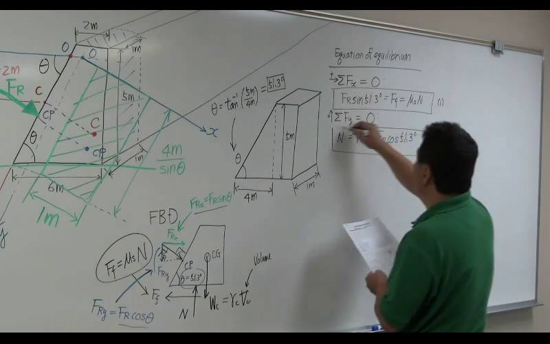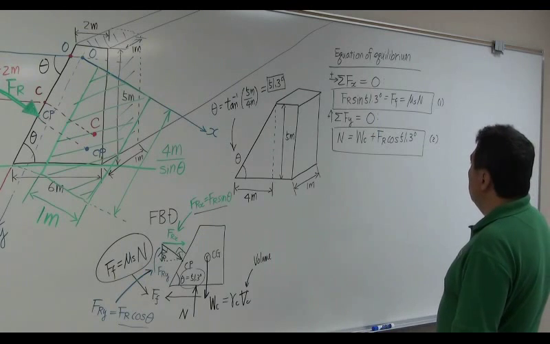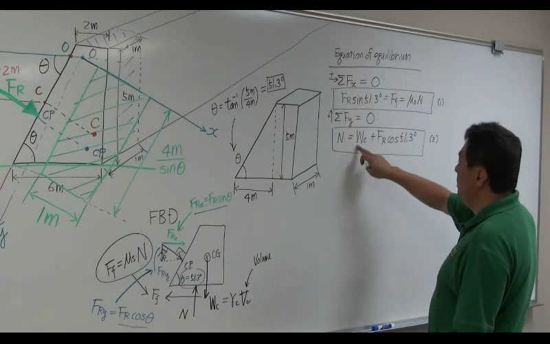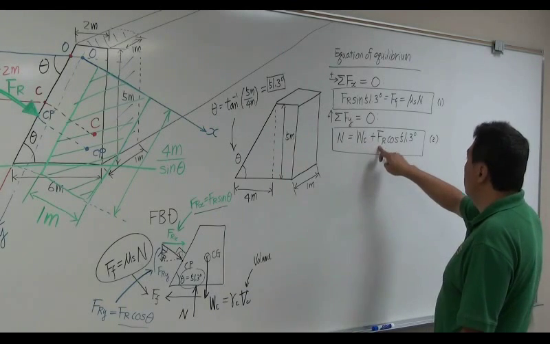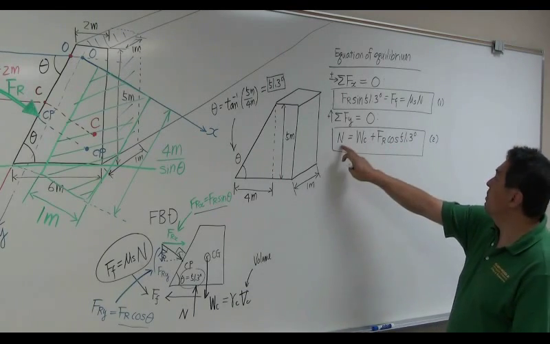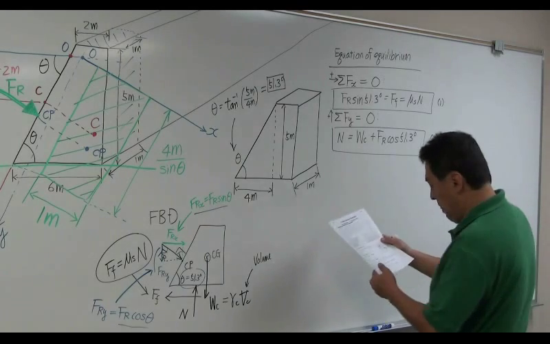So you come up with the second equation, equation 2. Well, how many unknowns? N is unknown. Wc, we can determine that. Fy, we can determine that. So we have two equations, two unknowns, N and mu s. So you can solve this problem.